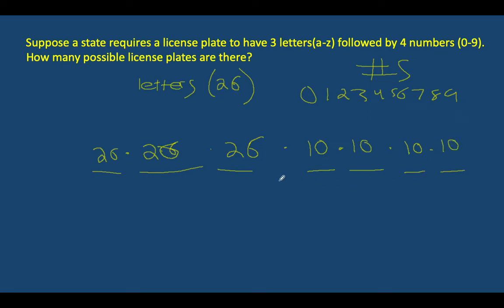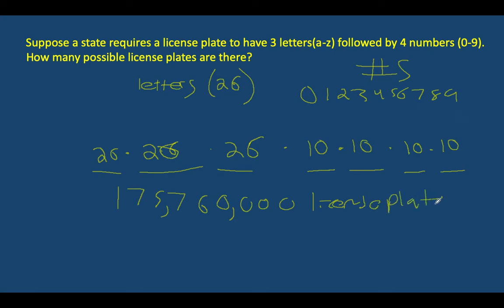So we have 26 times 26 times 26 times 10 times 10 times 10 times 10. It's going to be a very large number. You get 175,760,000 possible license plates.